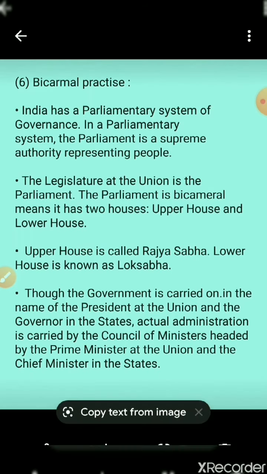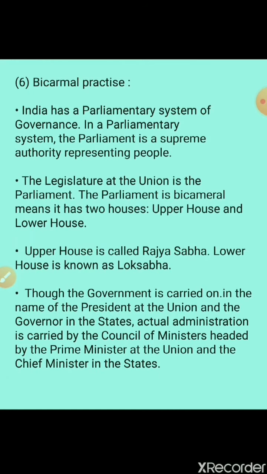Then we saw the basic features of the constitution, right? The first basic feature was the written document. The second basic feature was the size of the constitution. The third basic feature was single citizenship.